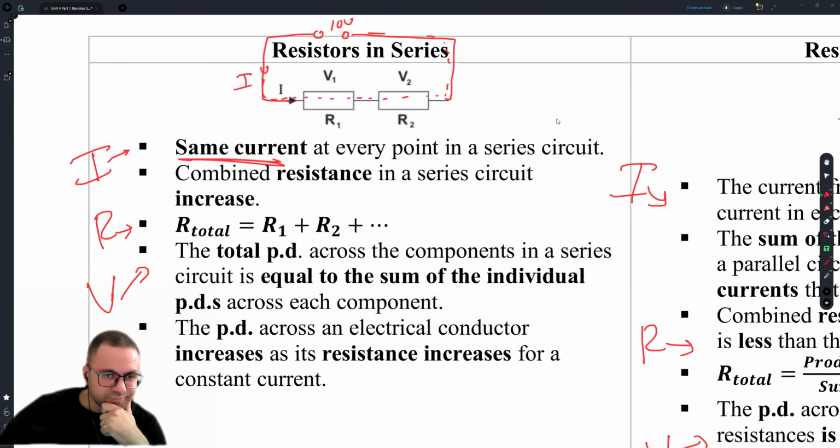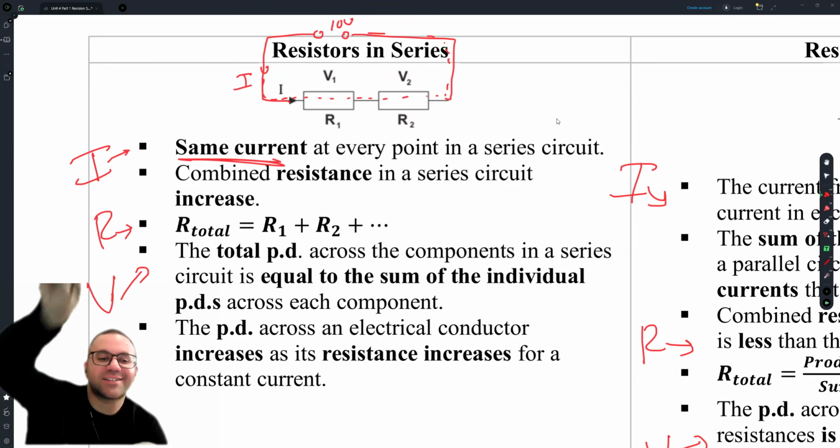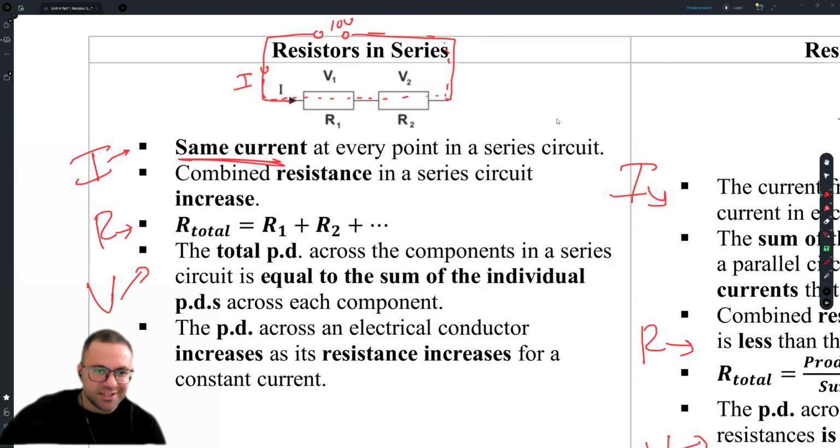Second, when you connect resistors in series, their combined resistance increases. You calculate it using R1 plus R2 plus R3 plus, you just add them. So if this was 10 ohms and 10 ohms, the total would be 20 ohms.